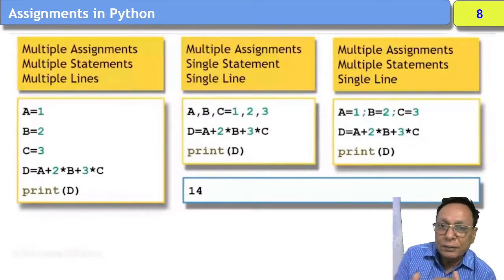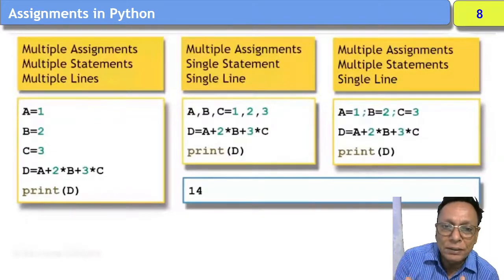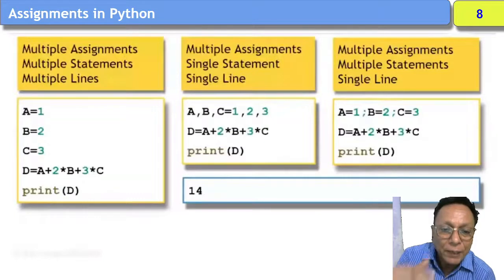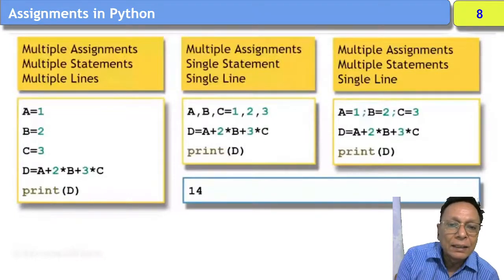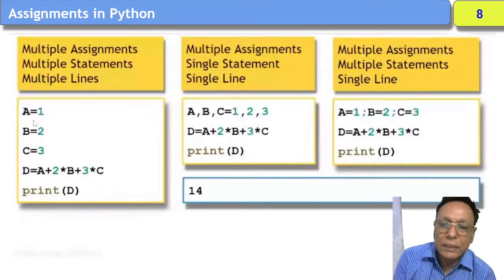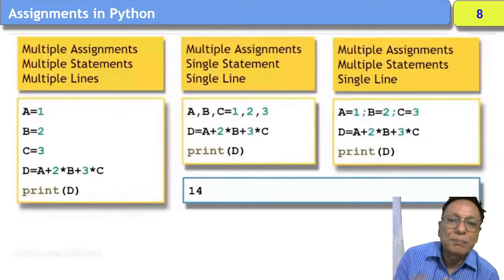So there are 3 statements and 3 assignments, multiple statements and multiple assignments in multiple lines. There the assignment has taken place in three different lines.